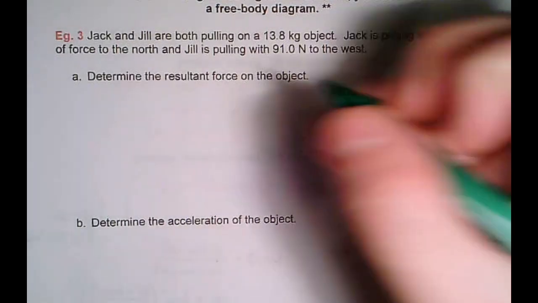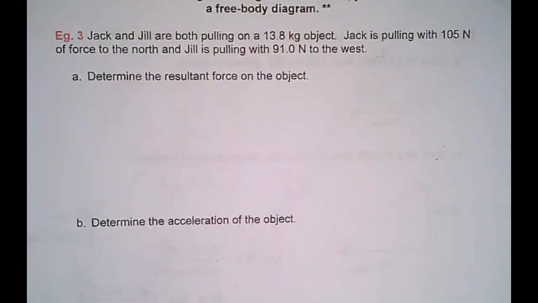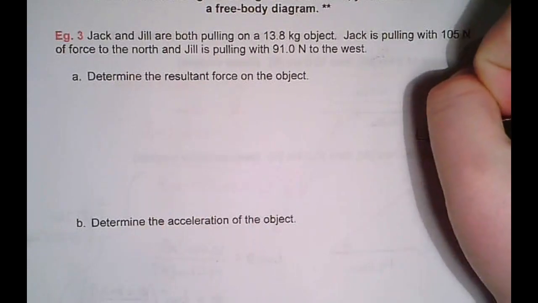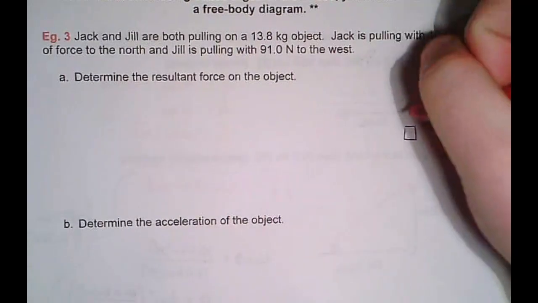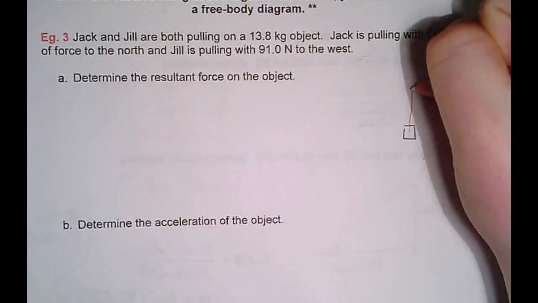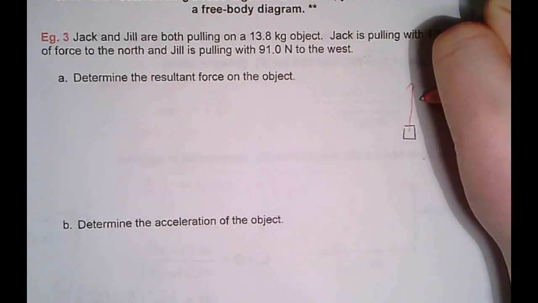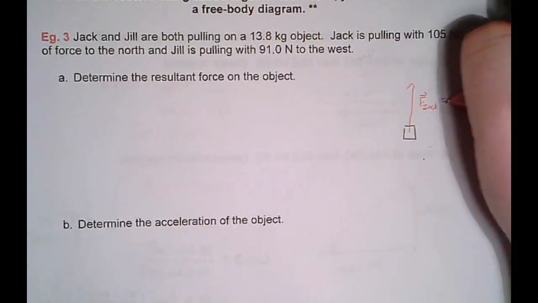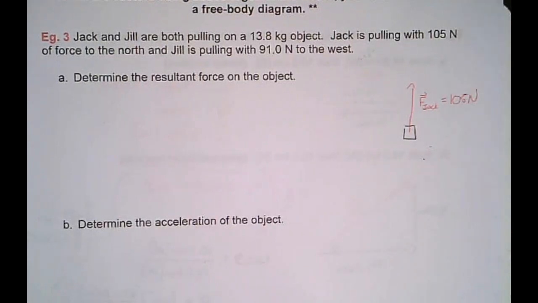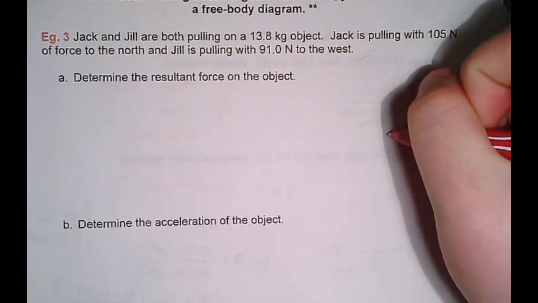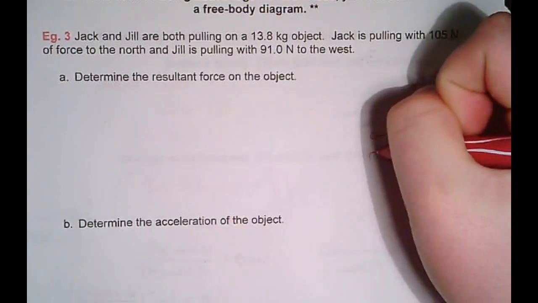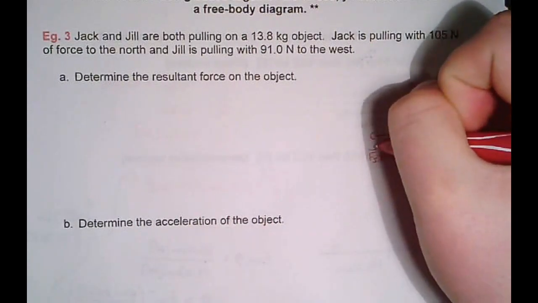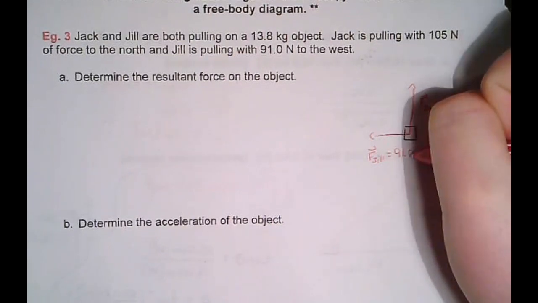Jack is pulling up or north with a force of 105 newtons. The force of Jack is equal to 105 newtons. Jill is pulling to the west, so the force of Jill is equal to 91.0 newtons.